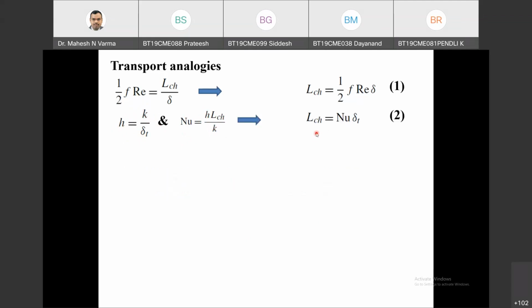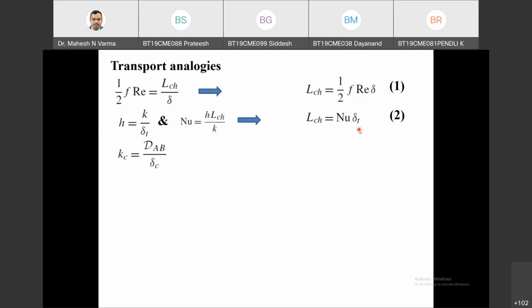So L_CH will be equal to Nusselt number into delta T, since h by K equals 1 upon delta T, or delta T equals K by h. So the characteristic length will be equal to Nusselt number into delta T, where delta T is the heat transfer boundary layer thickness. This is the observation from heat transfer.